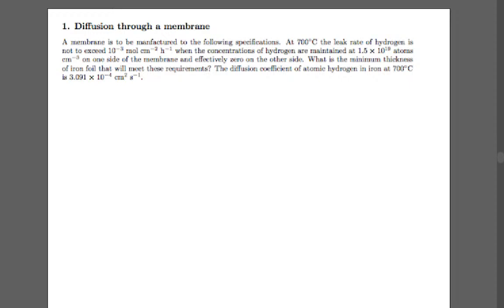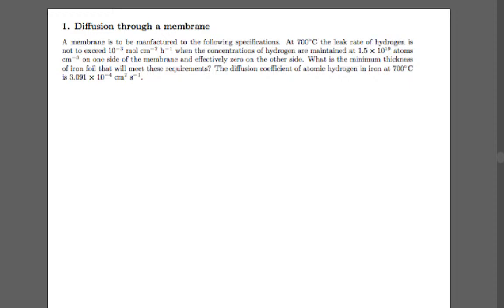What is the minimum thickness of iron foil that will meet this requirement? The diffusion coefficient of atomic hydrogen in iron at 700 degrees Celsius is 3.091 times 10 to the power of negative 4 centimeters squared s to the power of negative 1.